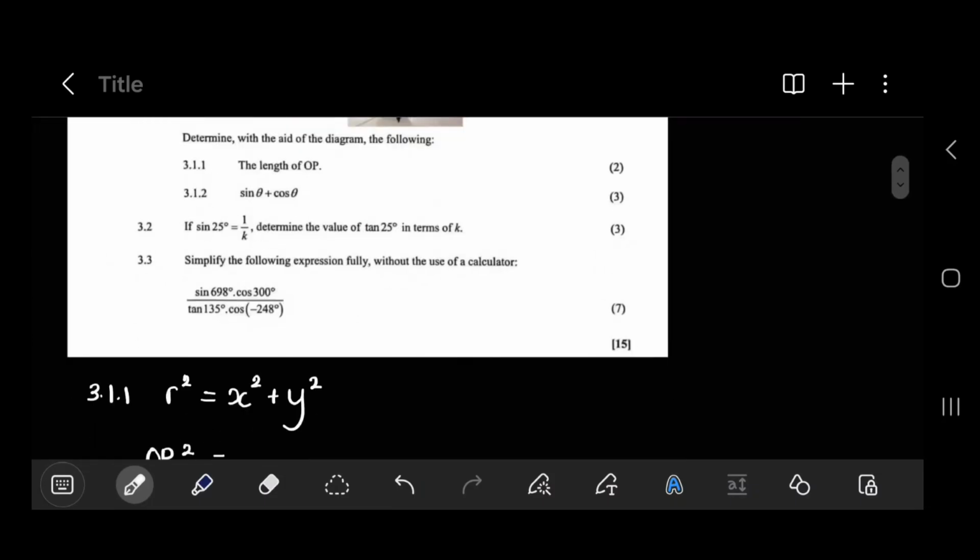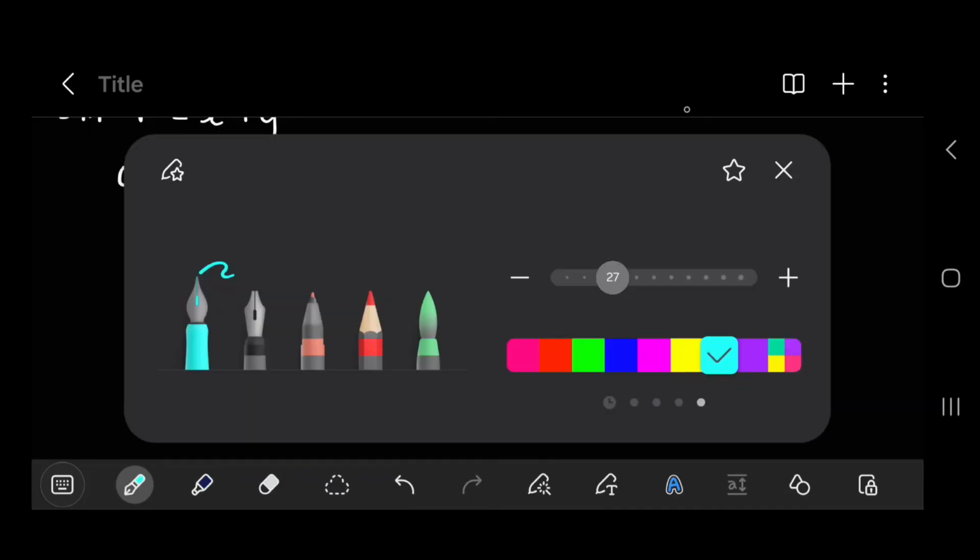So 3.1.1, that is r squared is equal to x squared plus y squared. Now when we substitute, I'm just going to replace r with OP because that is its proper name. x is the horizontal distance, which was -6. y was the vertical distance, which was 8. Now, since you're solving for OP and you need to get rid of the square, we're going to square root both sides.